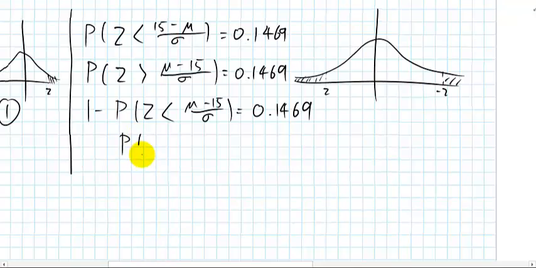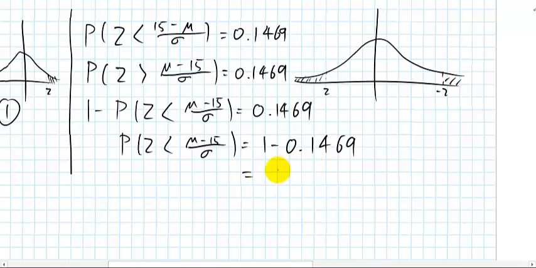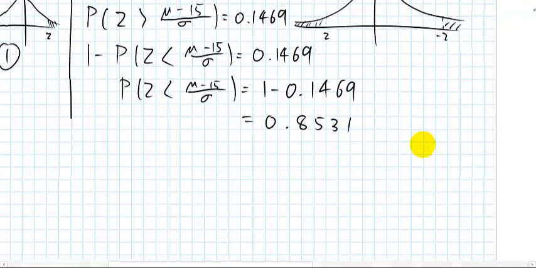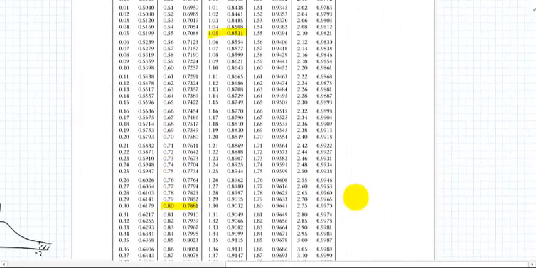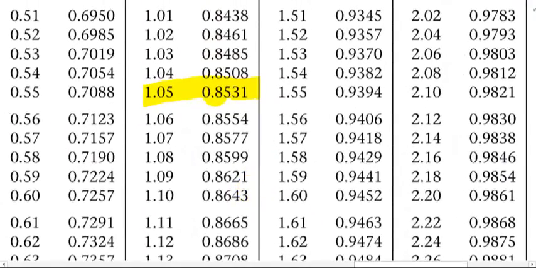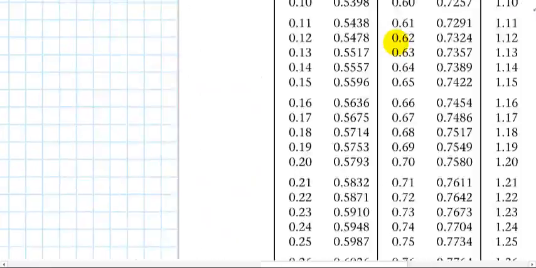This means that the probability of Z being less than (mu minus 15) over sigma is equal to 1 minus 0.1469, which is equal to 0.8531. Let's look up 0.8531. This is here, and the corresponding z value is 1.05.